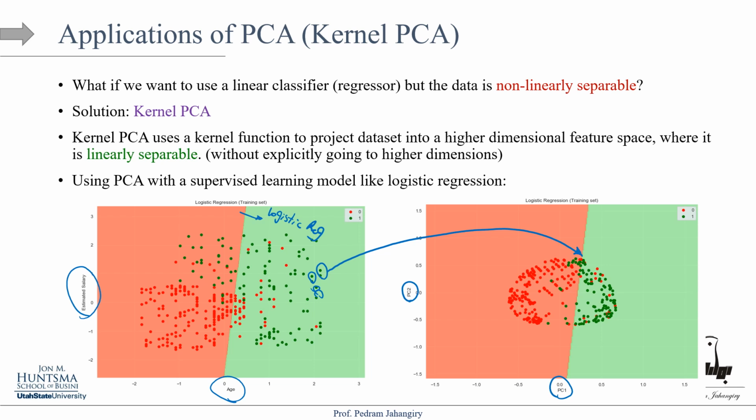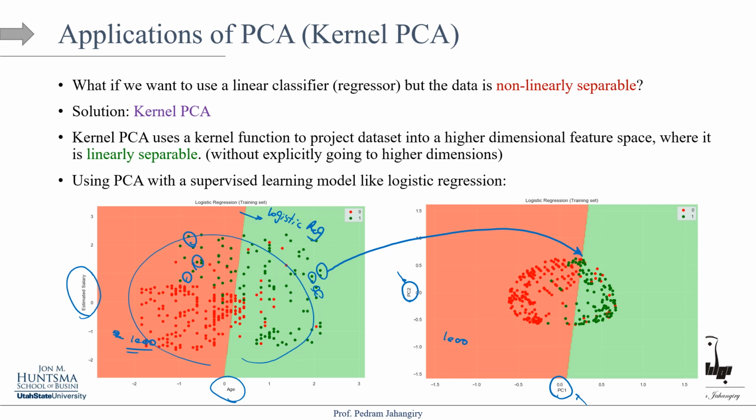And as you can see, guys, these are the same observations. If I have, I don't know, 1,000 observations here, obviously I'm going to have 1,000 observations here, but pay attention that the axes are different, right? If I apply the kernel PCA, it is going to capture this nonlinearity in the data set. And when I project it back into, I don't know, 2 dimensions, it's going to be something like this.